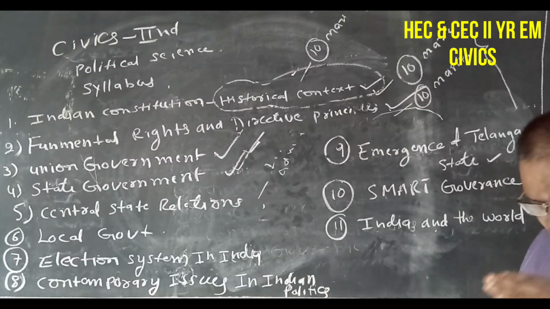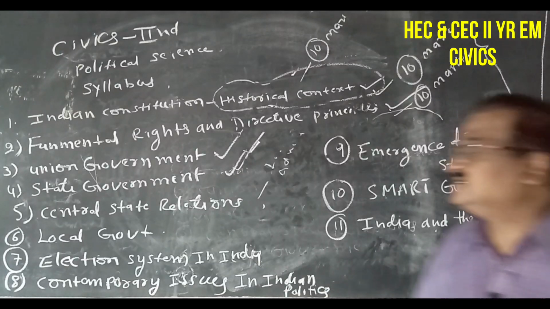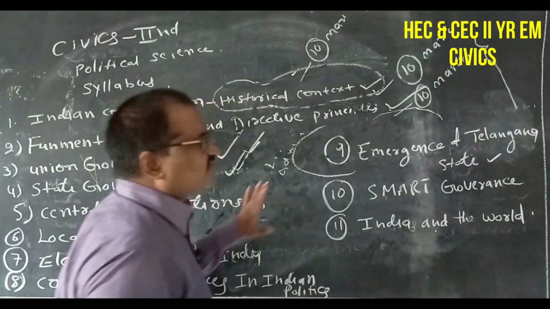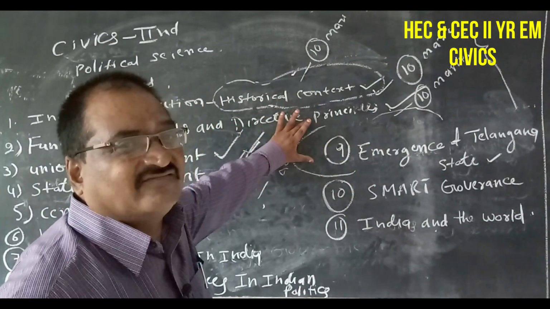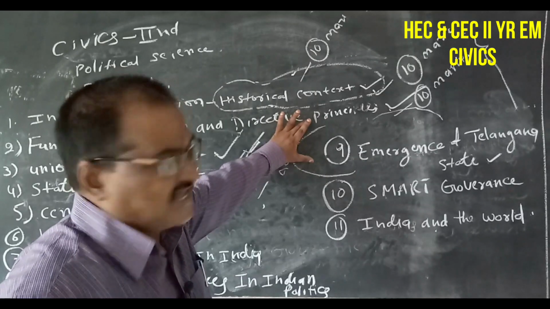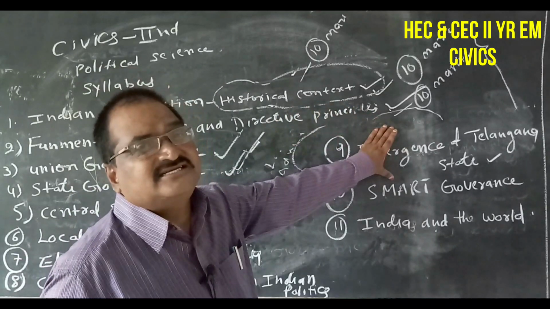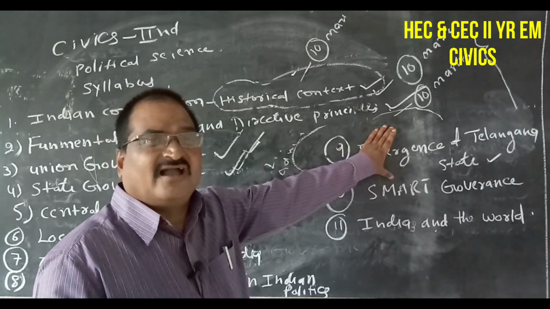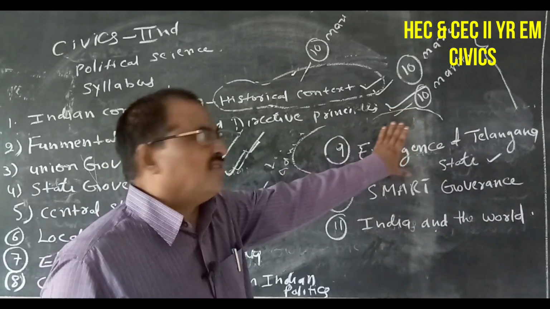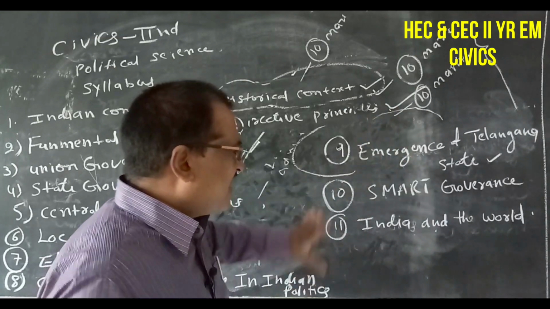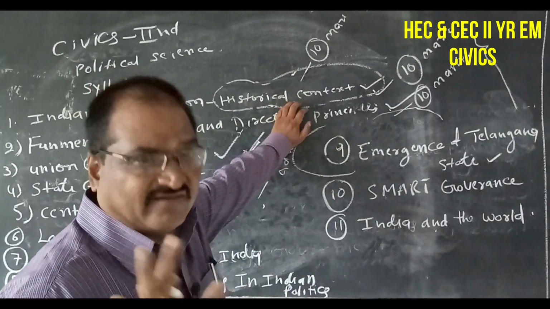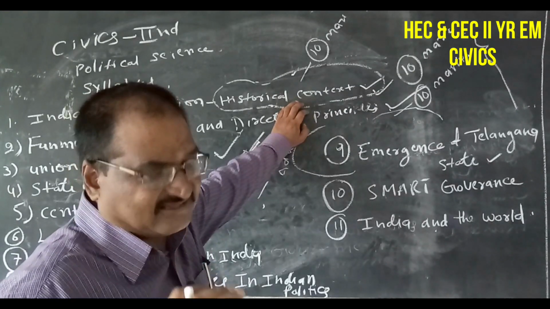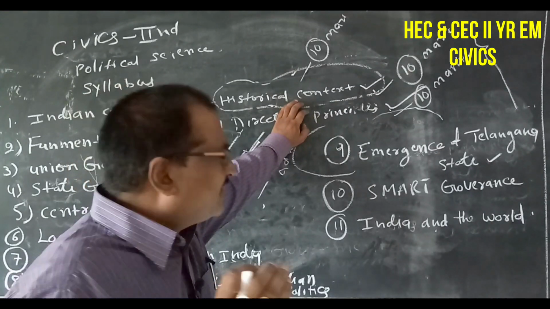And then the ninth one is the emergence of Telangana state: the agitation of Telangana and the Gentlemen's Agreement. And the 10th one is smart governance. Good governance is smart governance. Nowadays e-governance is the most important governance system.